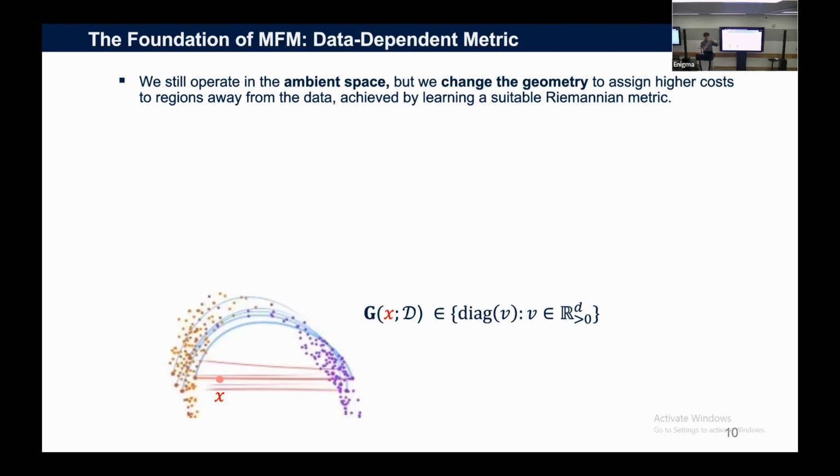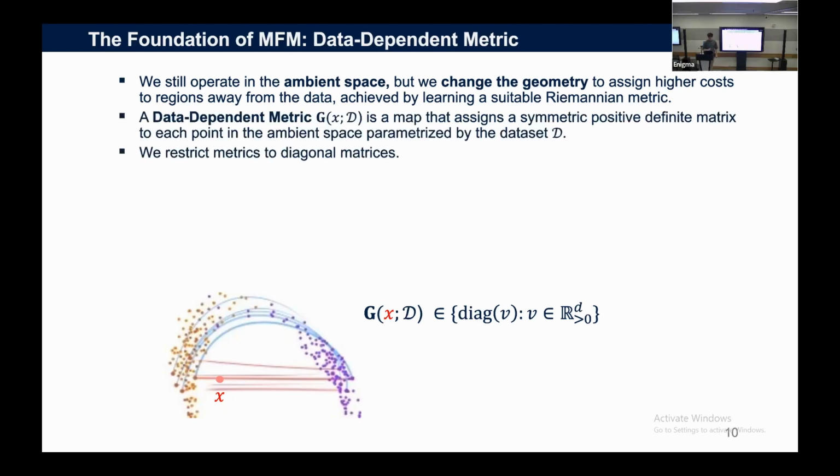Clearly, if that was the identity everywhere, that would be the Euclidean space. But now you want to capture heterogeneity: certain regions of space should have higher cost because they are outside what you can observe. That's relatively simple to do, and I'm going to show you some explicit constructions later.